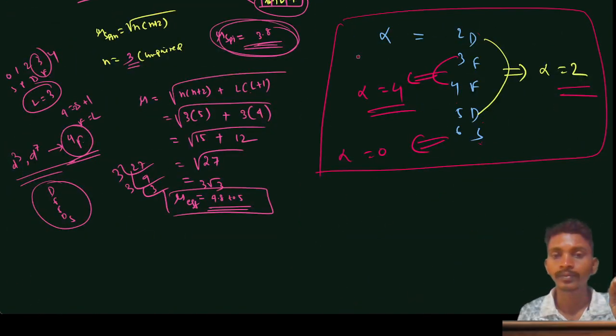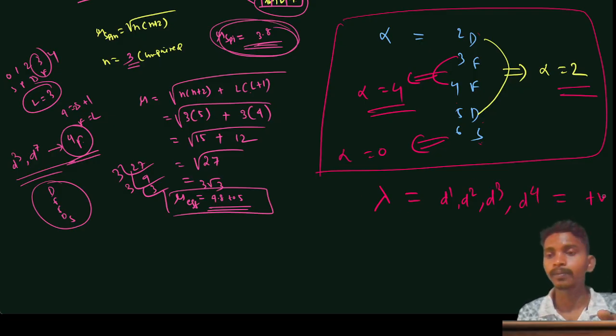And what is the lambda value? For d1, d2, d3 and d4 cases, the lambda value is positive, and for d5 the value is not needed. For d6, d7, d8 and d9 cases, the lambda value is negative.